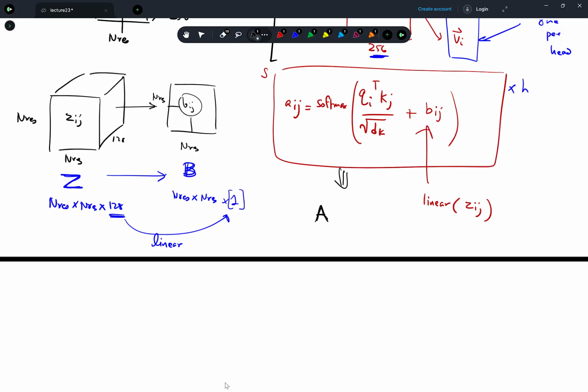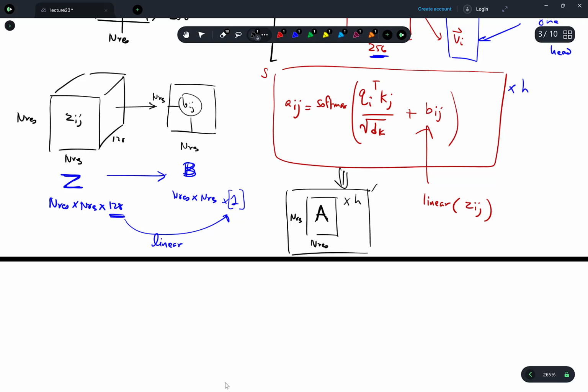The attention matrix, which is nres by nres, and this whole thing is cross S. Actually, let's just say for a fixed S, but you'll do it for all the S's, of course. So let's put the S here. That means for a given sequence, I can get 8 different A matrices, each of them nres by nres.